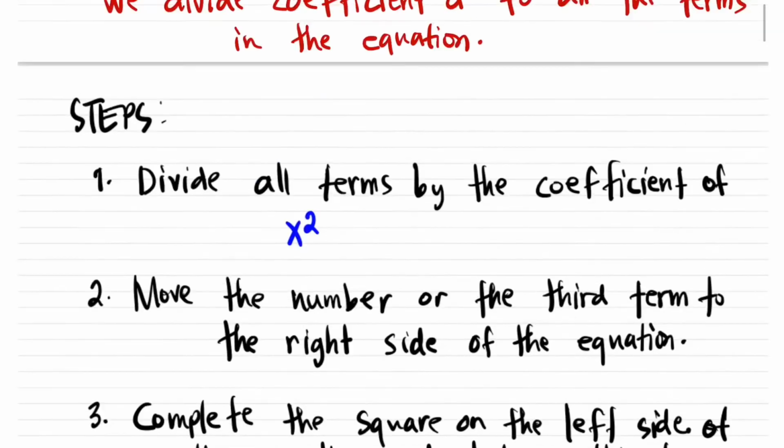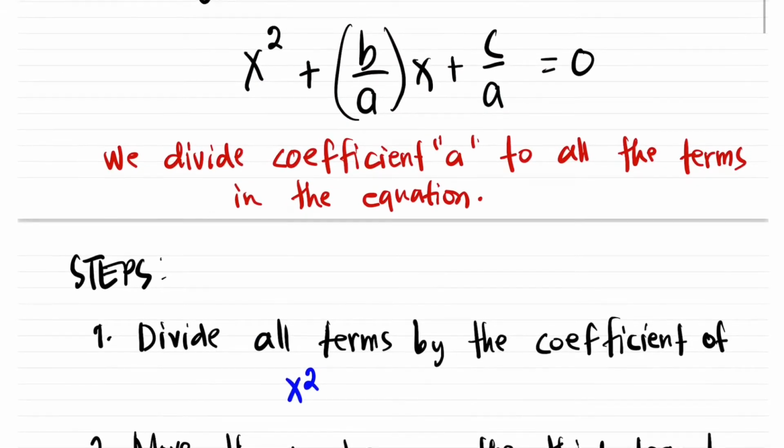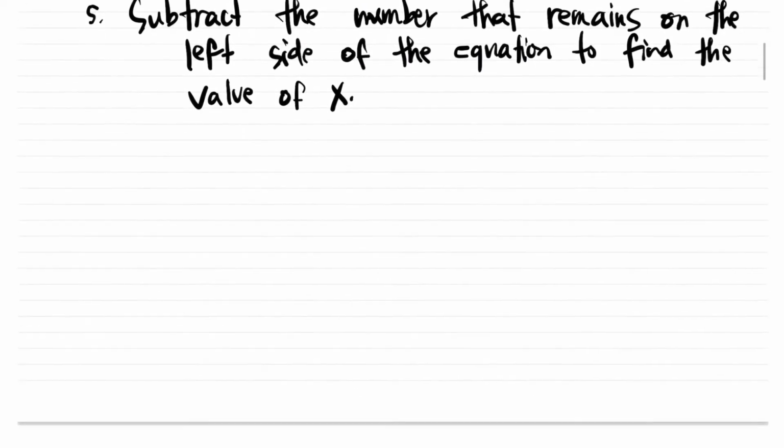Alright, so these are the 5 steps when we're trying to do completing the square for a quadratic equation. All right, so remember there are 5 steps.